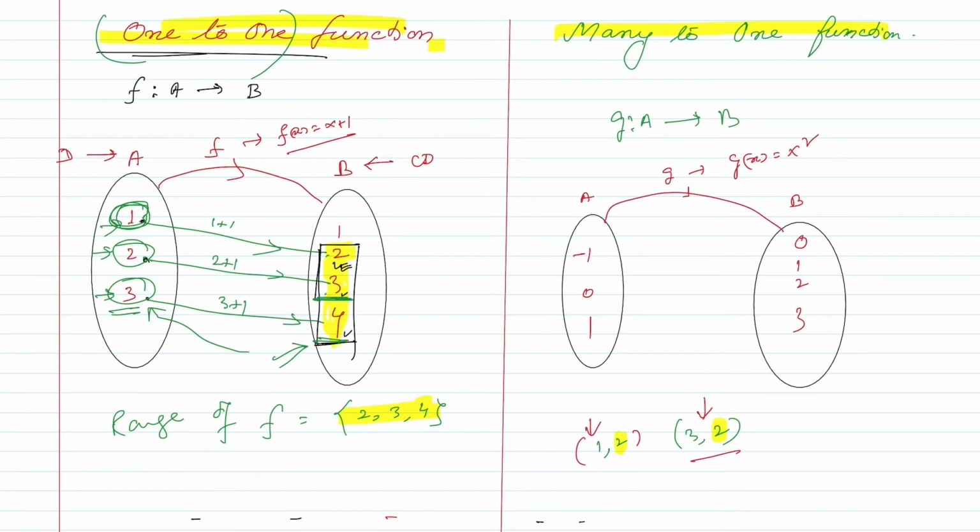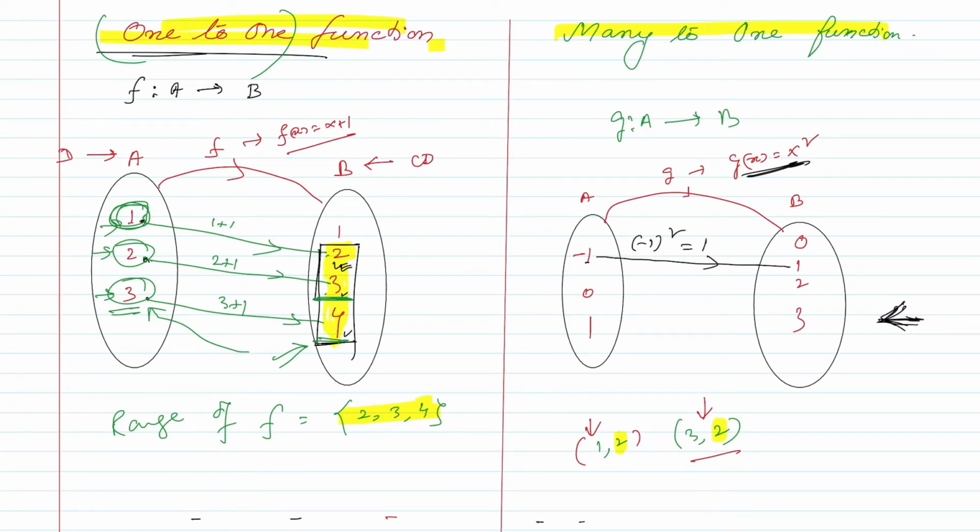Let me explain with the help of this mapping. If you represent a function this way, it is called a mapping. Here we know g(x) is equal to x squared, so -1 must be associated with +1, because (-1) squared gives +1.